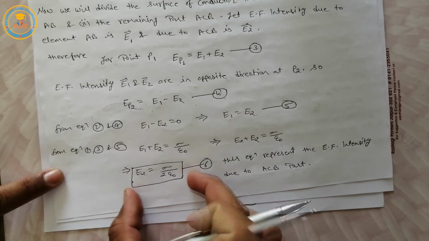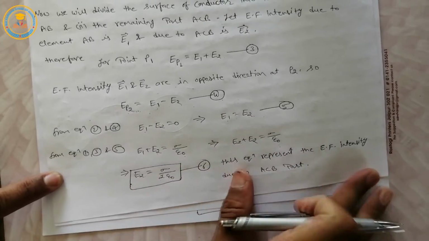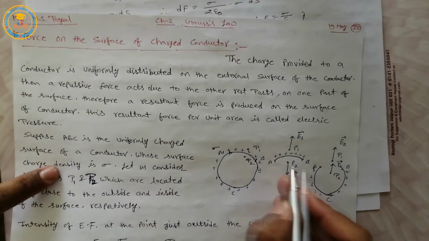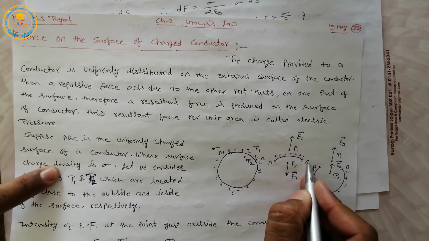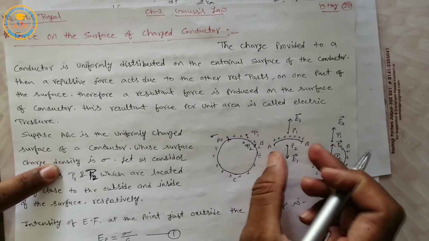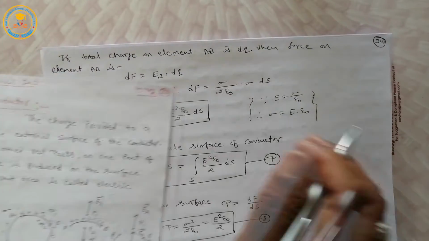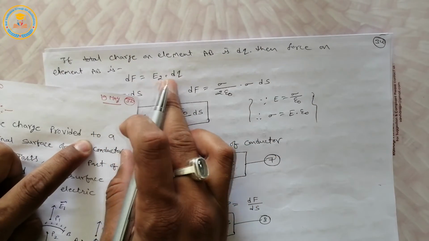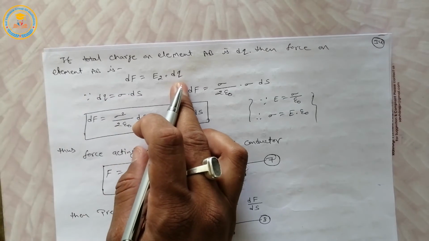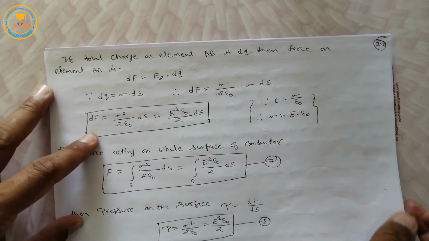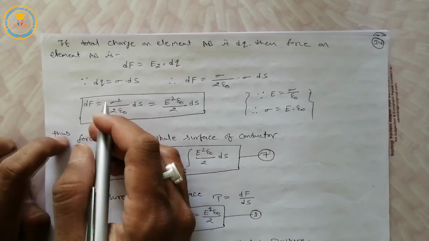In this electric field, element AB is balanced. So the force on this element AB is dF equal to E2 into dQ. Here dQ is the charge on element AB.